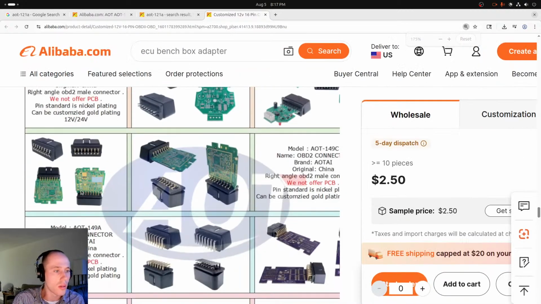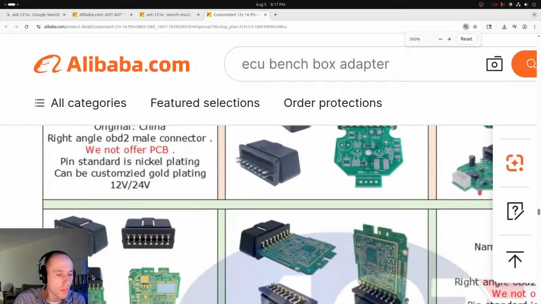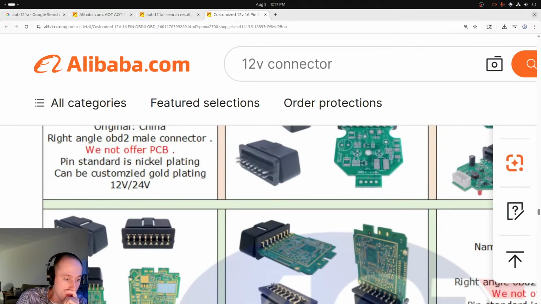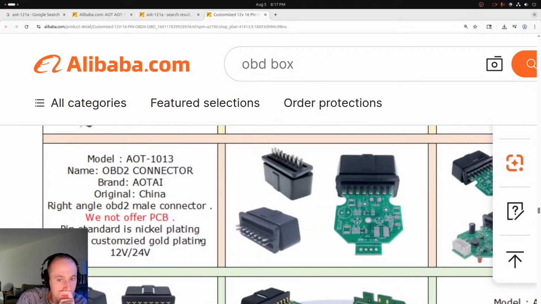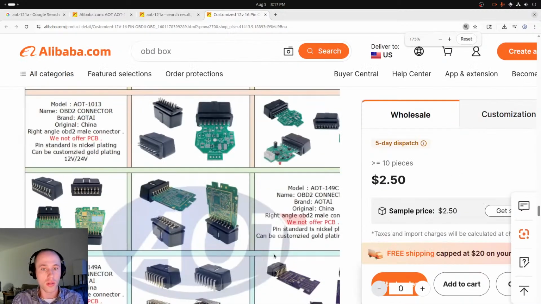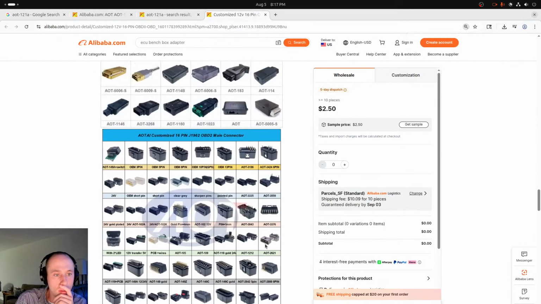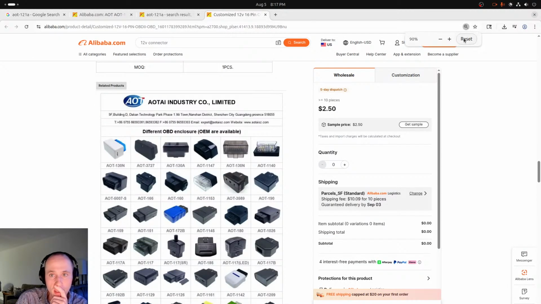Maybe. Look at this. Oh, that's a cool connector. This is what we want. This would be what we want. So we get something like this. Oh, so this is what they have, where it's supposed to slot in, and then you just solder onto it. Okay. Does that make sense?